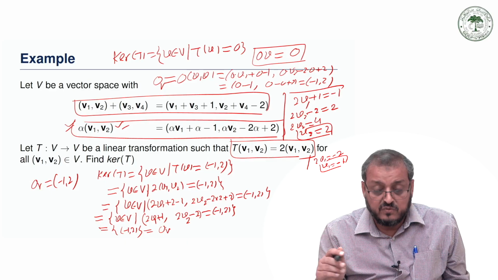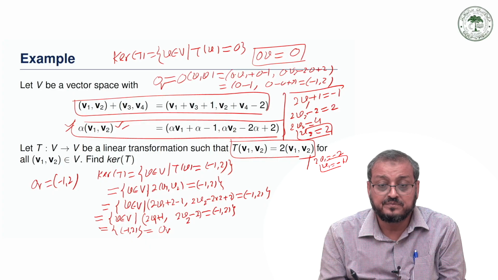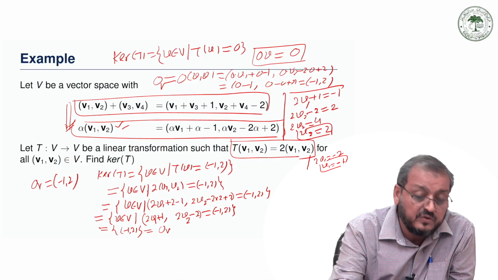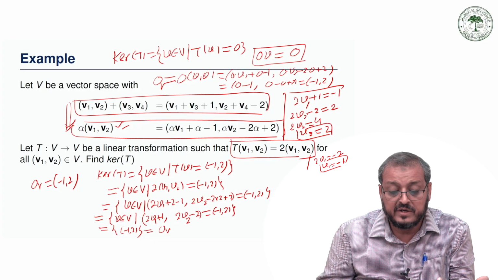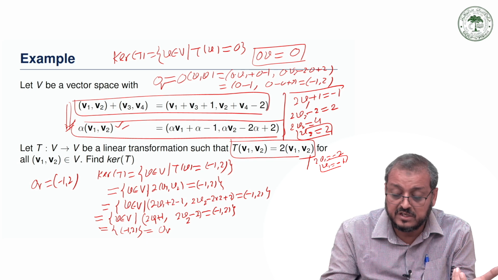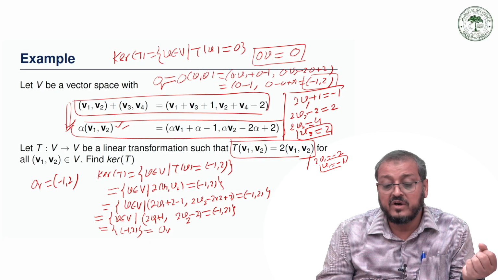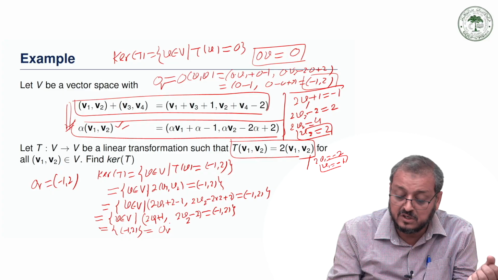In this case, if we take different types of vector spaces, then in such questions we first check what the 0 of our vector space is. So here the 0, the additive identity, is (-1, 2), and if we solve for V1 and V2 we get V1 equal to minus 1 and V2 equal to 2.